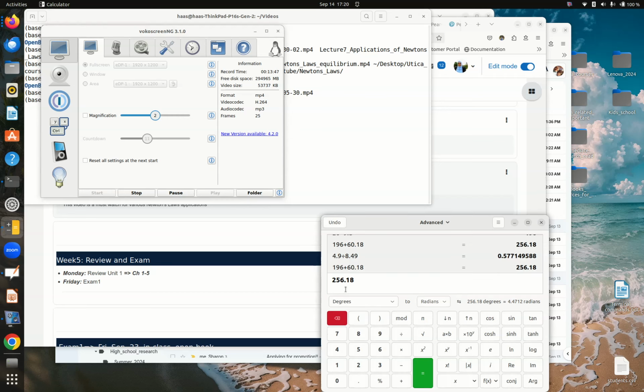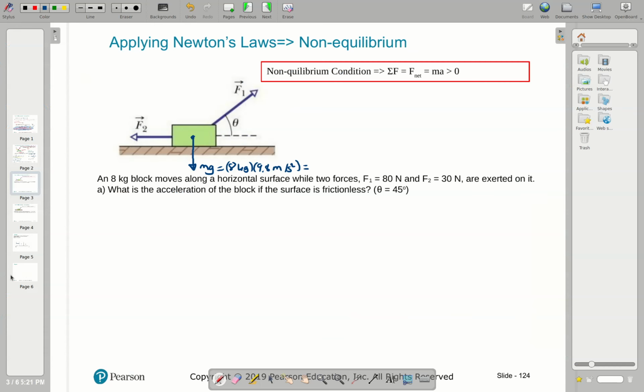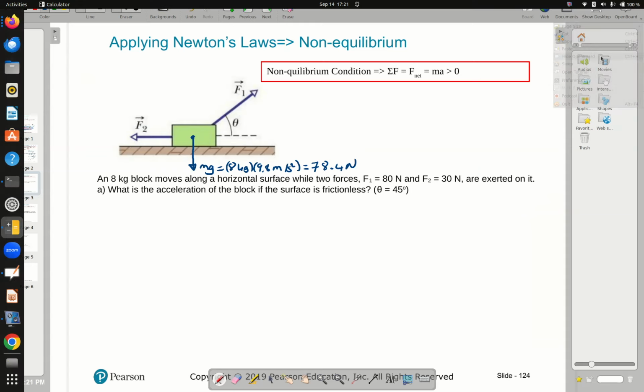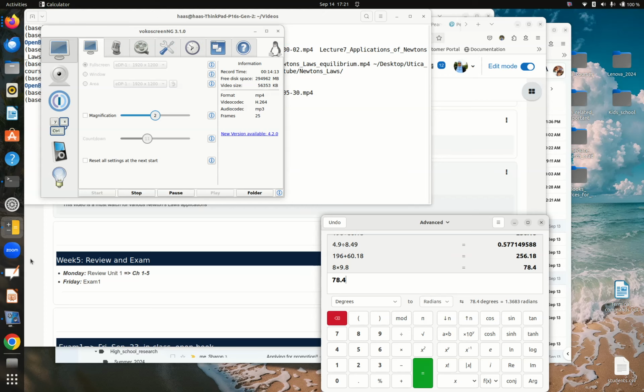All right, 8 times 9.8. I put the values directly in the question. 8 times 9.8, 78.4. That's my weight, right? 78.4 Newton. I'm gonna check my memory here. 78.4.